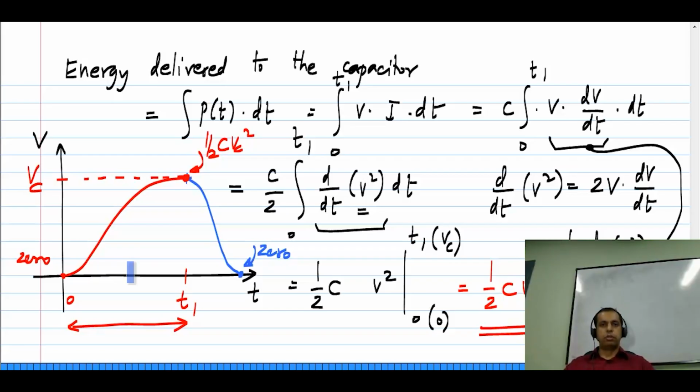So once a capacitor is charged to some voltage, you can have the capacitor deliver the energy to the rest of the circuit. But starting from 0 volts, the capacitor always absorbs energy. A capacitor is also a passive element.